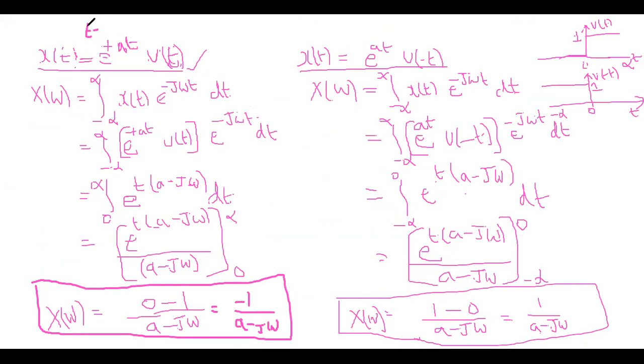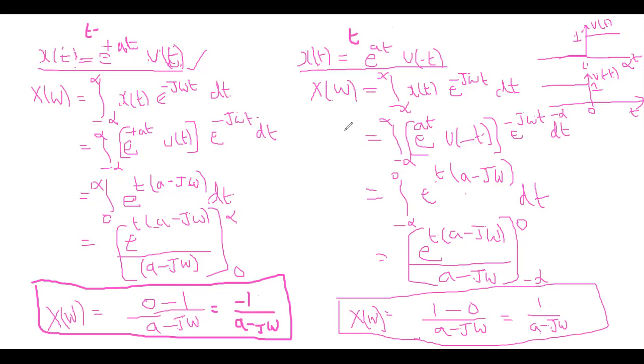When x of t is equal to t into e power at mu of t, it is 1 by a minus j omega whole square. Following? Here also, what is the Fourier transformation of e power at mu of minus t? It is 1 by a minus j omega whole square.